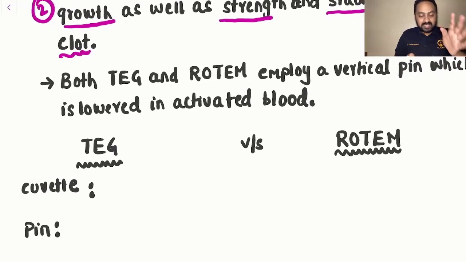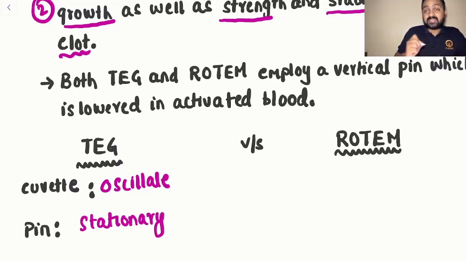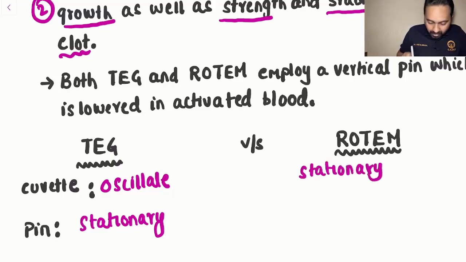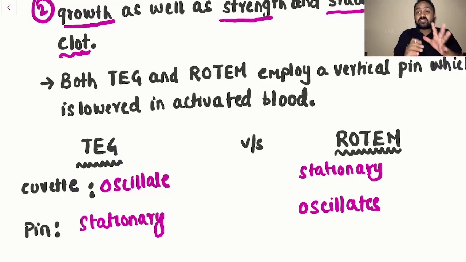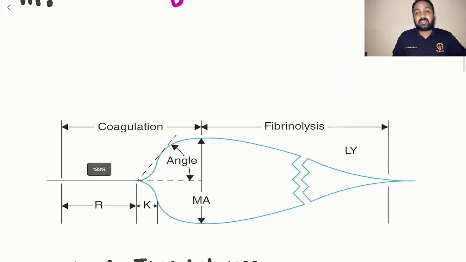In a TEG, the cuvette is oscillatory and the pin is stationary, whereas in ROTEM it is the opposite: the cuvette is stationary and the pin oscillates. This is one of the basic differences between TEG and ROTEM, which I would like you all to remember. Now the tracing of a TEG is something like this.